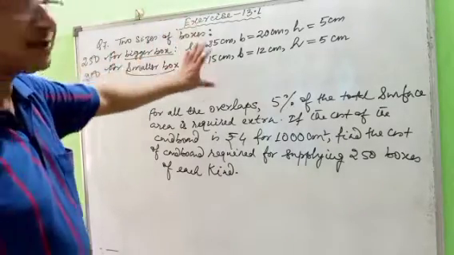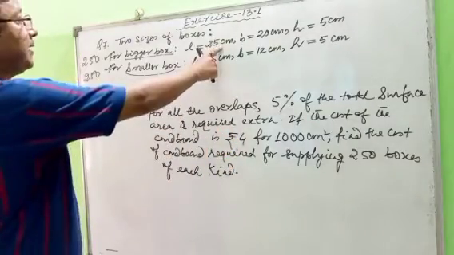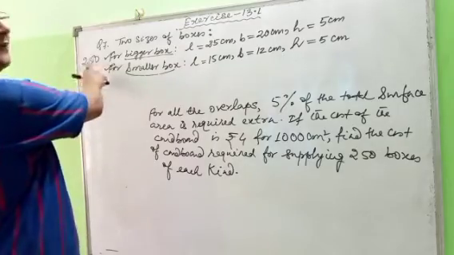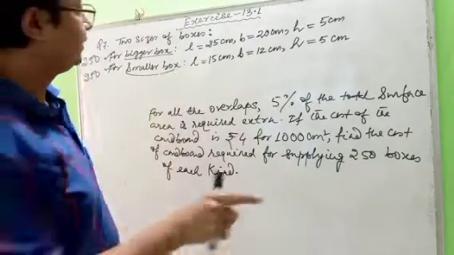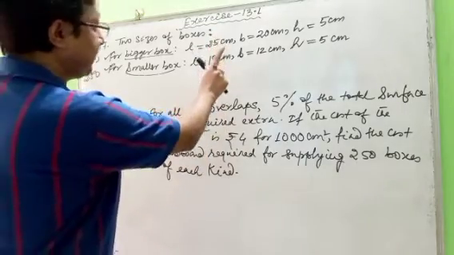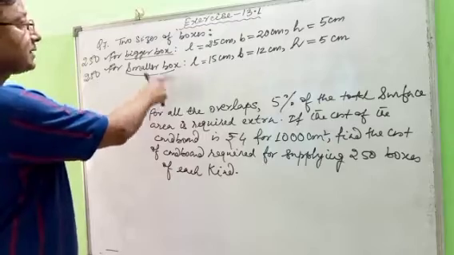Now you will add these two. That means you are going to find the total surface area of the 250 boxes of the bigger size. Also, you are going to find the total surface area of 250 boxes of the smaller size.